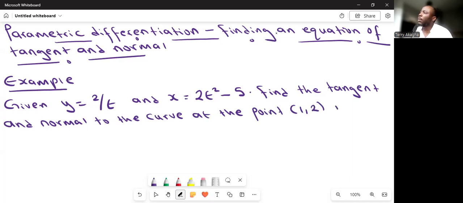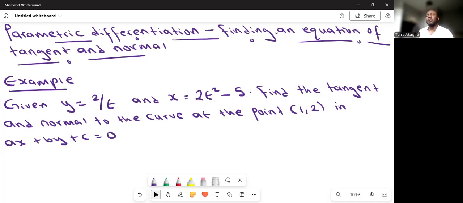And I want you to find it in ax plus by plus c form.